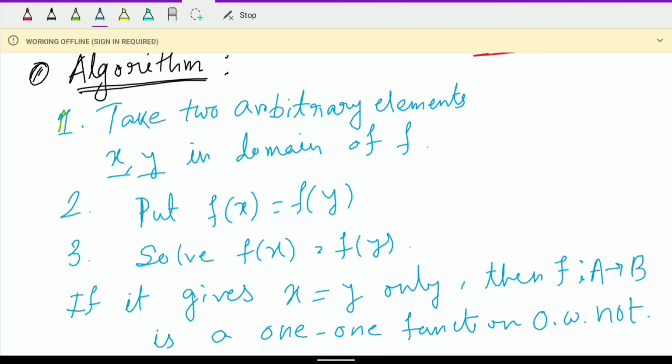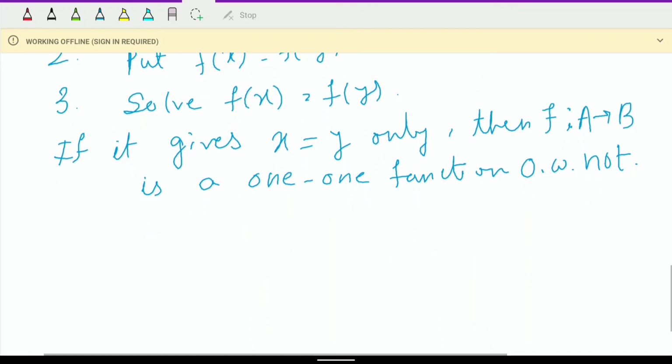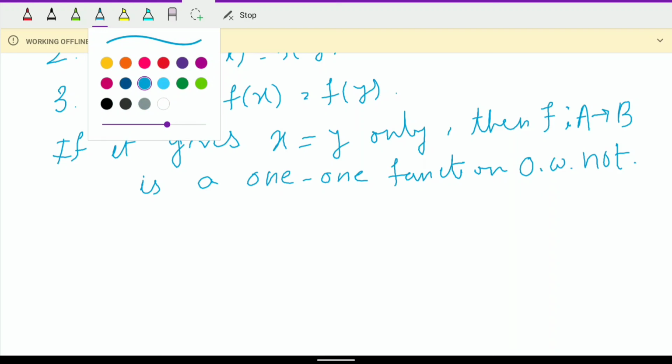Okay, and one more thing you have to note: let f map A to B and let x, y belong to A. Then x equals to y implies that f of x equals to f of y is always true from the definition. But f of x equals to f of y implies that x equals to y is true only when f is 1-1. Okay, let me write here. This is one note.